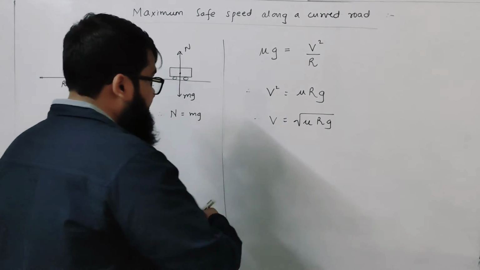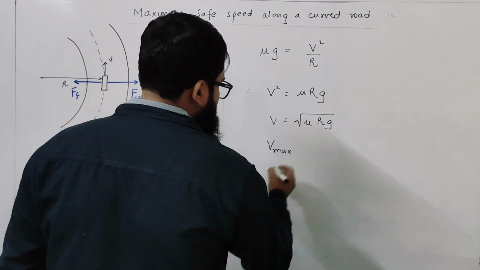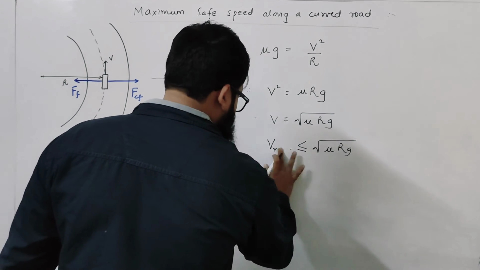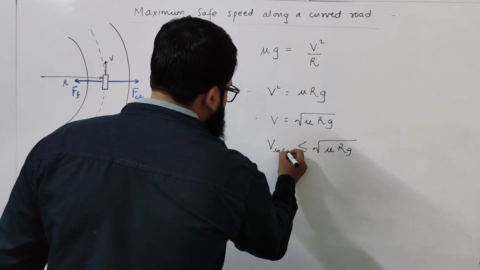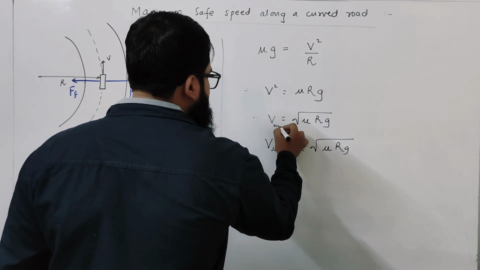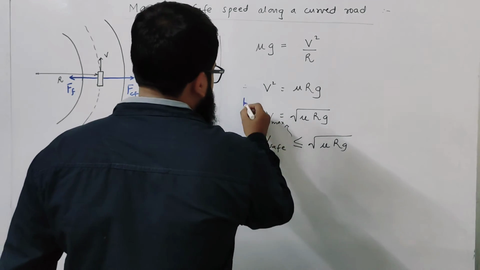Hence the safe speed should be less than or equal to root mu R g, and the maximum limit of this safe speed, V max, is given by this equation, under root mu R g.